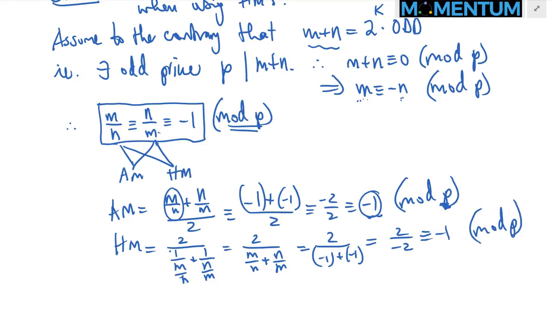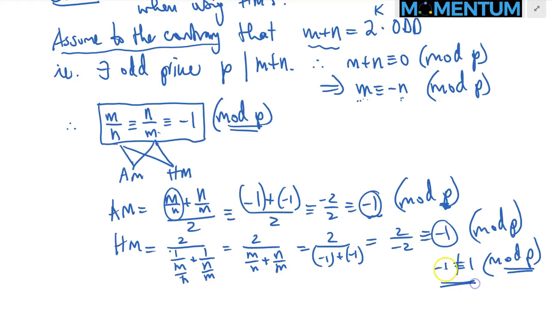But we want to reach the point 1. Do you see that? Again, there's no way. Minus 1 is definitely not congruent to 1 mod p, where p is odd. So assume that m plus n is equal to 2 to the k times an odd number, and we can reach 1.